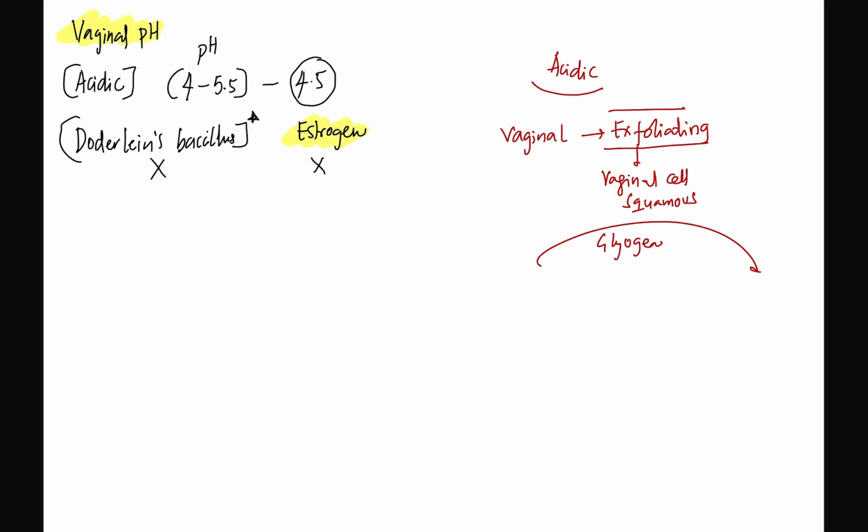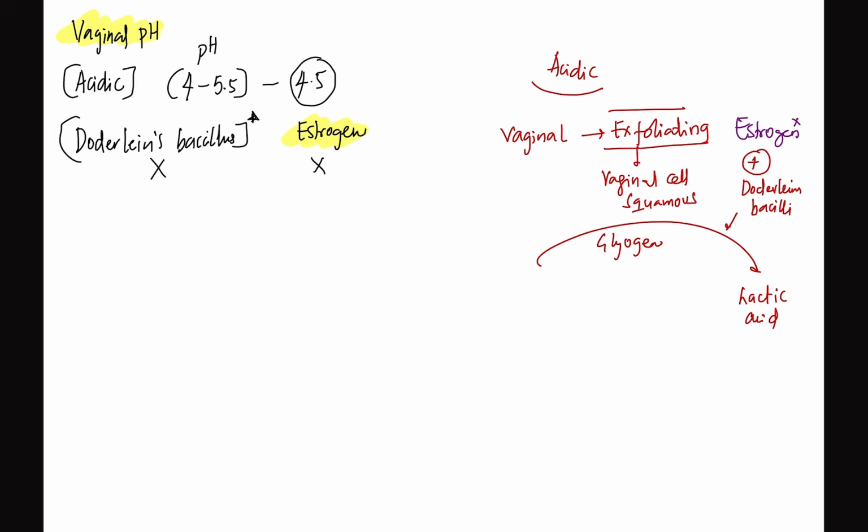So the glycogen which is present in the exfoliated squamous cell is converted to lactic acid by our Doderlein's bacilli. So because of this lactic acid, the pH is acidic in nature in the vagina. Hope you got my point. And this mechanism is dependent on our very own estrogen. So if there is either estrogen deficiency or death of the Doderlein's bacilli because of any infection or because of antibacterial therapy, antimicrobial therapy, it all leads to loss of this lactic acid, which in turn predisposes to STDs.